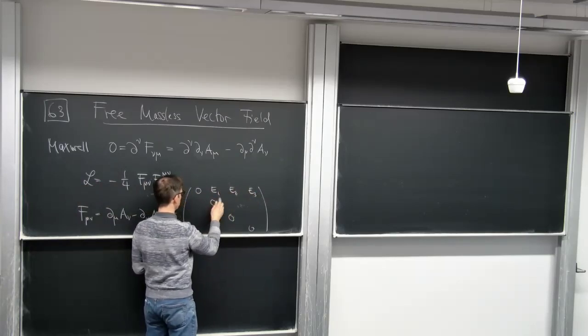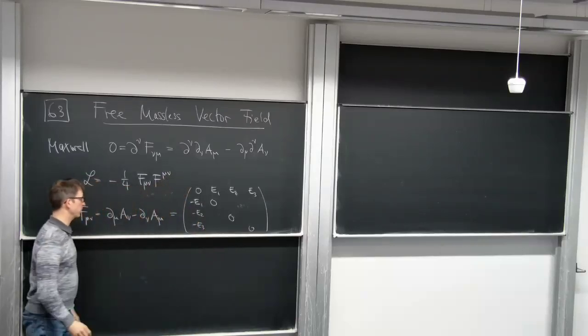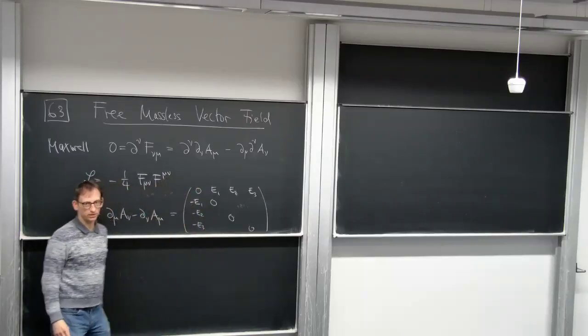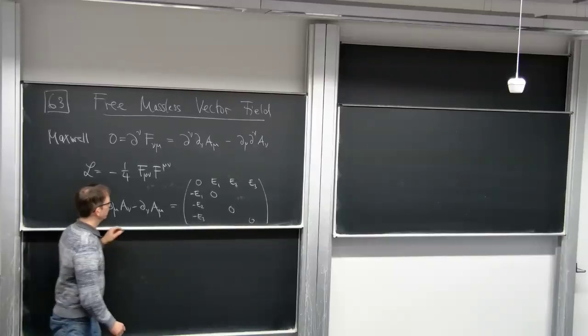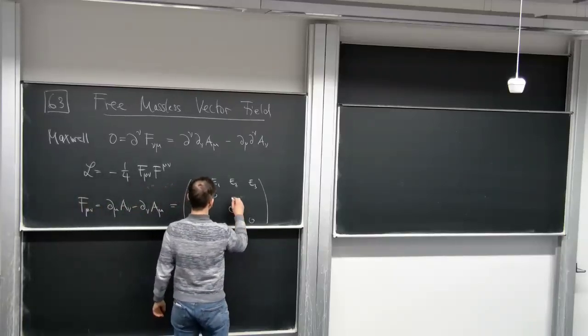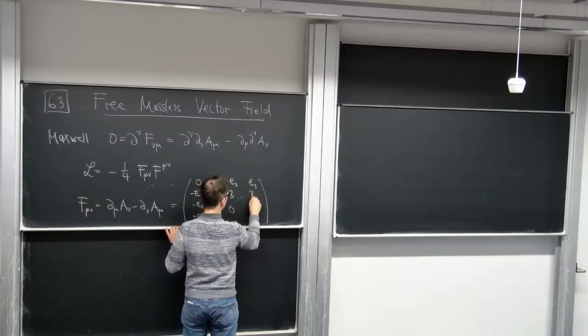I have my electric field, it's antisymmetric, so minus here. I can never remember whether the minus sign is there or there. Or you can also change it around. But let's say it's this. My B field in there.